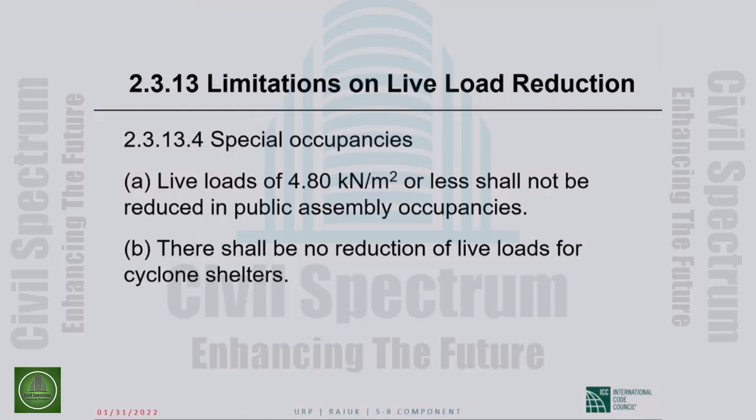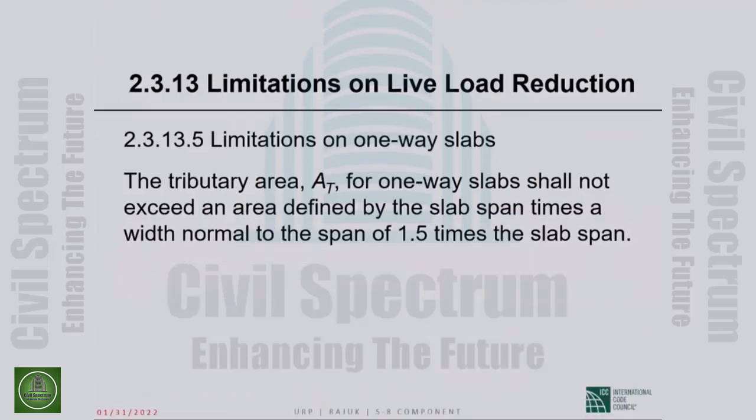And there shall be no reduction of live loads for cyclone shelters. This is in BNBC. So live loads of 100 pounds per square foot or less shall not be reduced in public assembly occupancies, and for cyclone shelters, no reduction of live load.